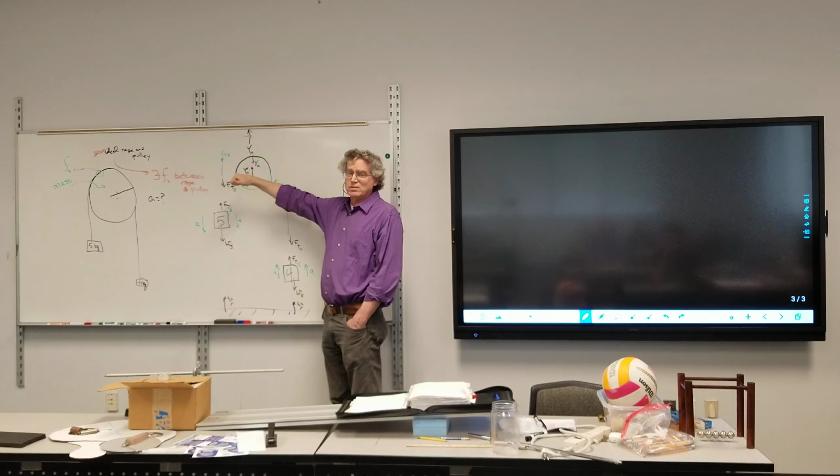So let's set up our coordinate system. I want I hat to the right, J hat up, and K hat comes out of the board. This is the right-handed coordinate system.